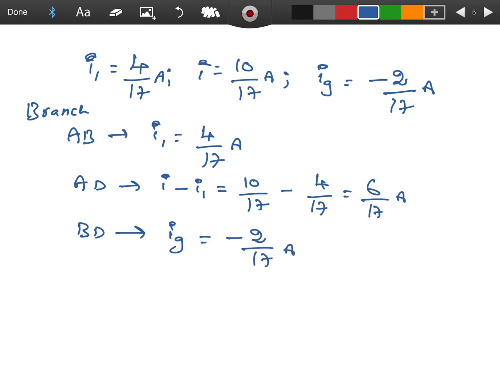AB over, AD over, BD over, then A to C. In AC you got I1 minus Ig.